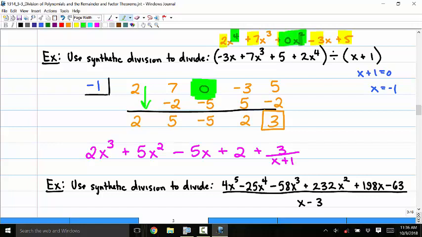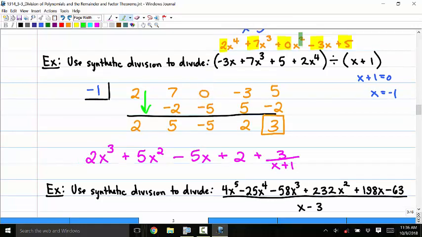If you don't, your whole answer is going to be off and be wrong. Great question. For the exponents at the bottom, you just subtract 1. So for your answer, you started with an x to the fourth, so your answer is going to start with an x cubed. And you just decrease all the way from there. X cubed, x squared, x, constant.